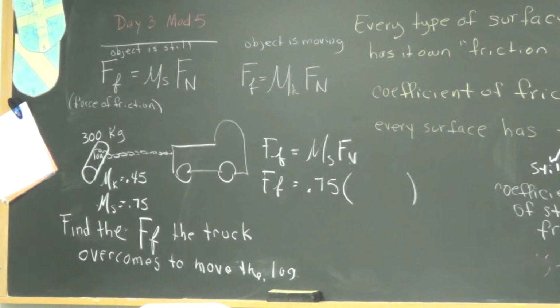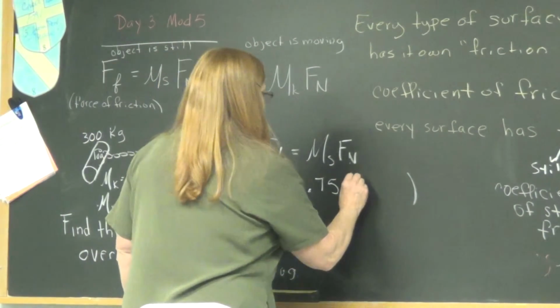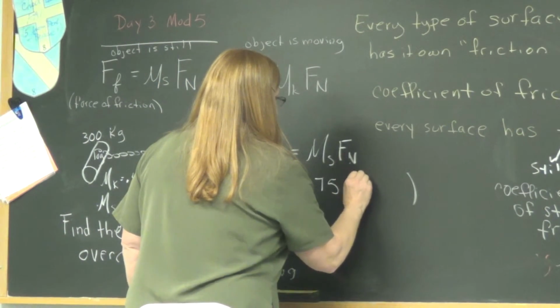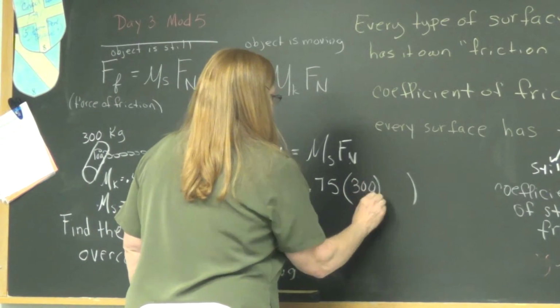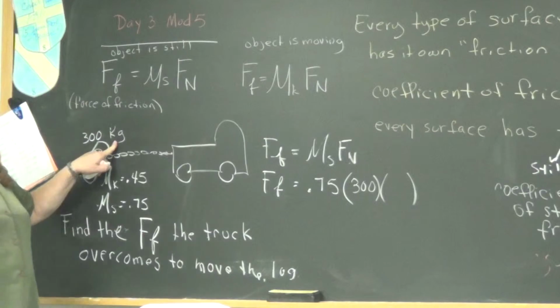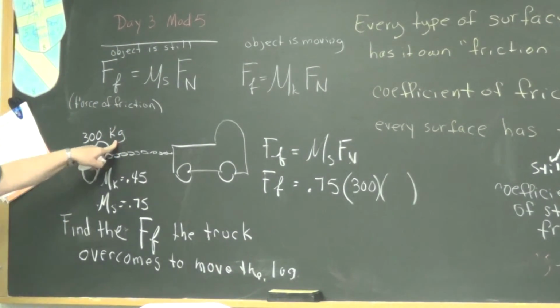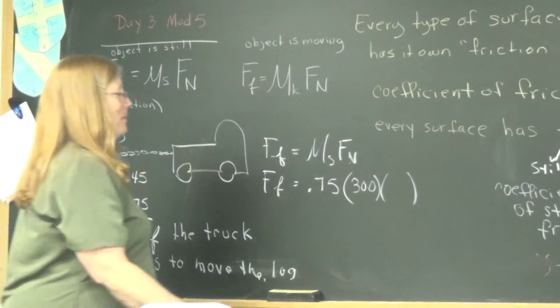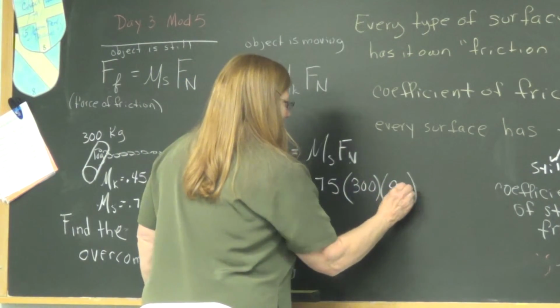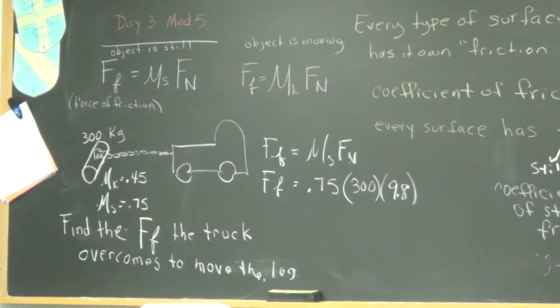Review it for me, Emily, number 2. You take the gravitational constant and multiply it by the mass. All right, and which gravitational constant am I going to use? I mean the gravitational constant, what number? 9.8. All right. Is that negative? Since we're looking for force of friction, it is a vector.